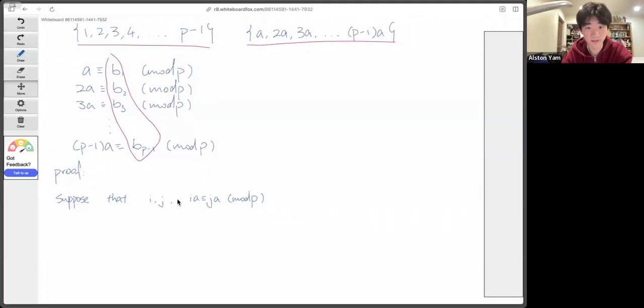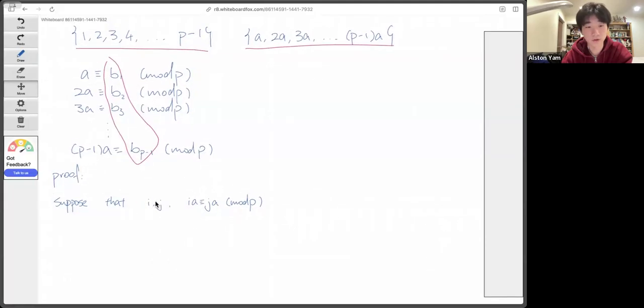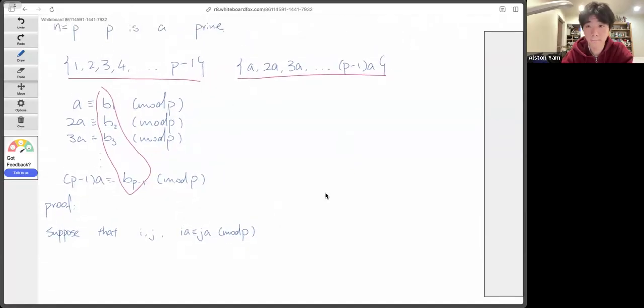If we prove that this is wrong, then what that means is that there will not be any i and j in the set that are the same under mod p. And if all of these are different and there are p minus 1 numbers in the set, then it must be that they make up the set, right?